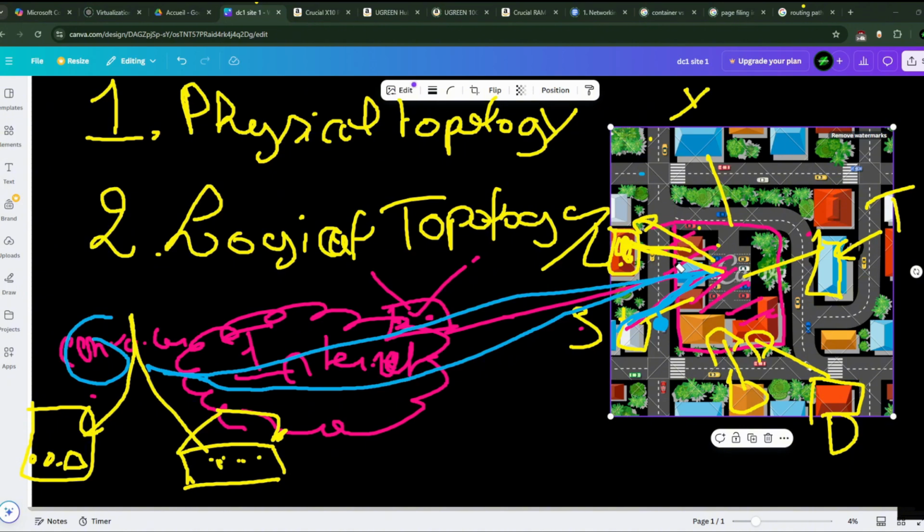Then you have ring topology, but we don't need to cover this. The one that is important and present in companies is mesh topology.